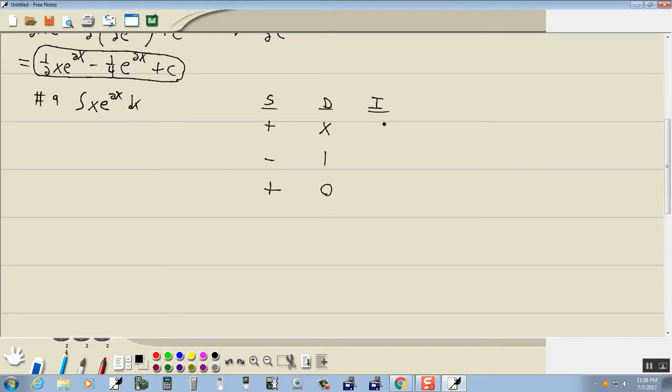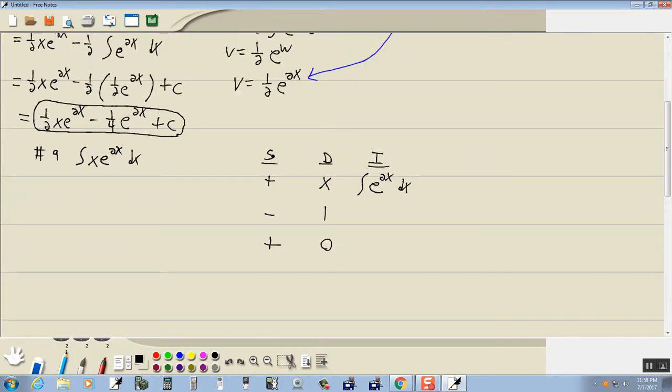And over here, this would be e to the 2x dx. So that'd be our integral. And the integral of e to the 2x dx from above is equal to 1/2 e to the 2x.